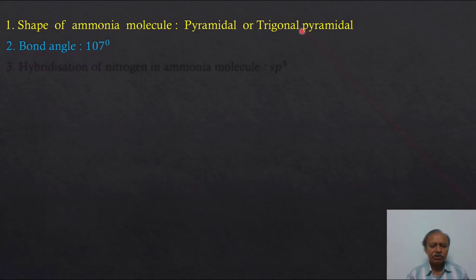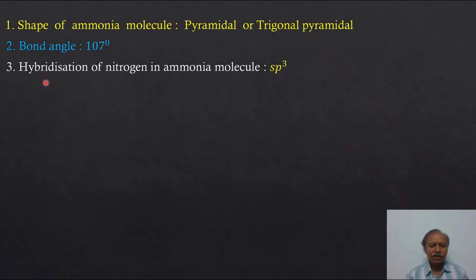So in methane you have seen the bond angle is 109 degrees 28 minutes, but in ammonia the bond angle is 107 degrees. Okay, now hybridization of the nitrogen atom in ammonia molecule is sp3. So hybridization of carbon in methane is also sp3, and hybridization of nitrogen in ammonia is also sp3.